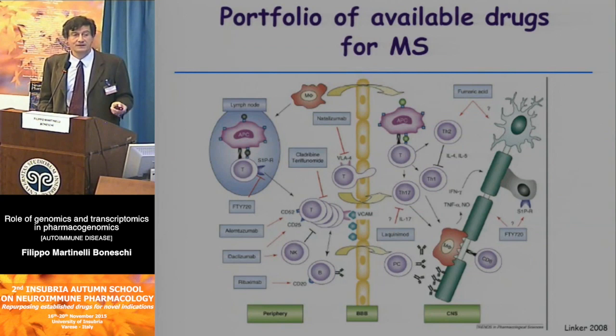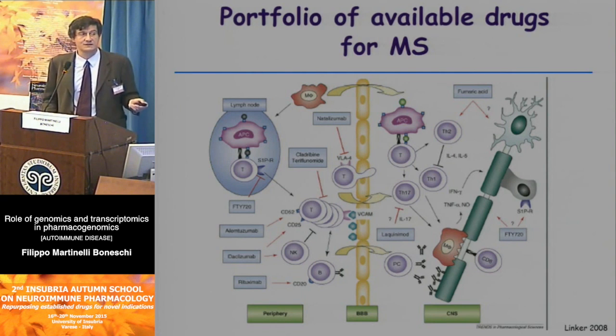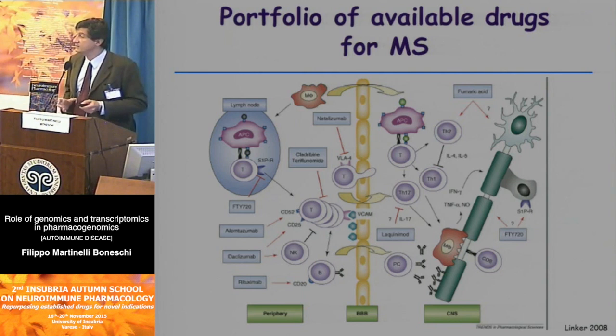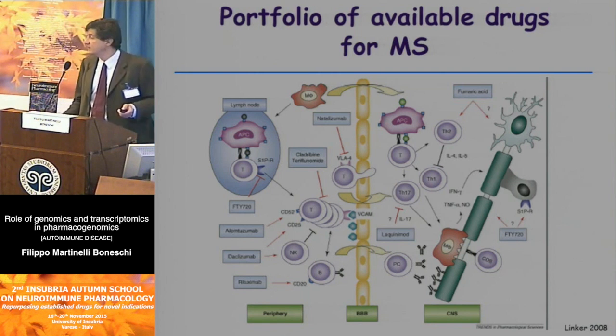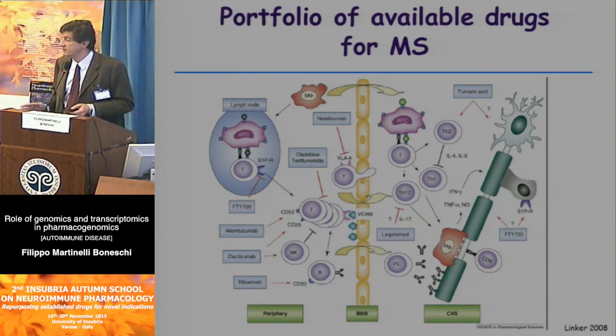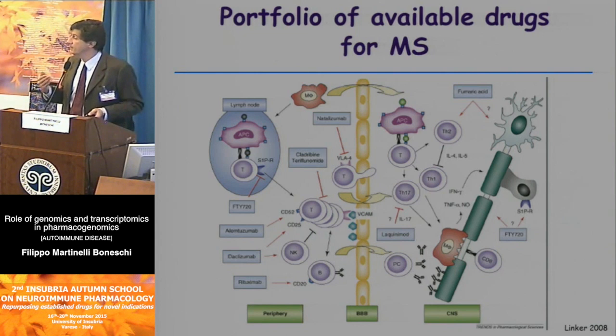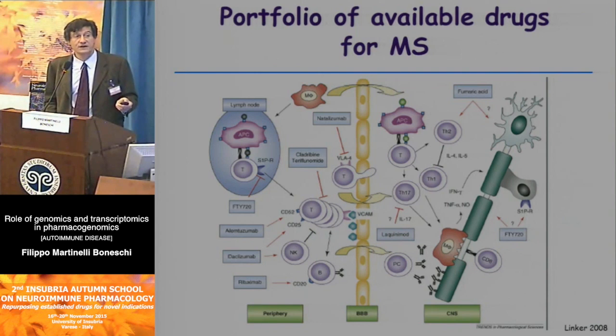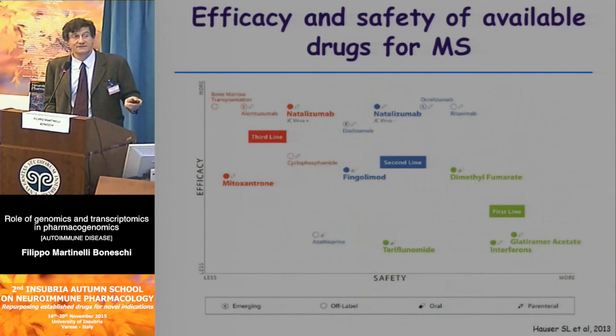And then we have some other drugs with a putative effect on the central nervous system. For example, we have fingolimod, which acts by trapping lymphocytes within lymph nodes. So the basic idea here is that in a disease like MS, we have several different drugs, and so we have to decide which drug to give to a patient. And this is very important because we have different drugs, as you can see from here.